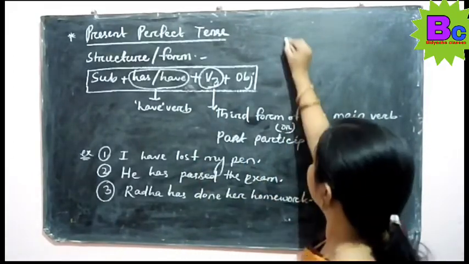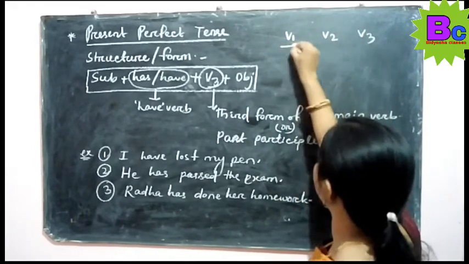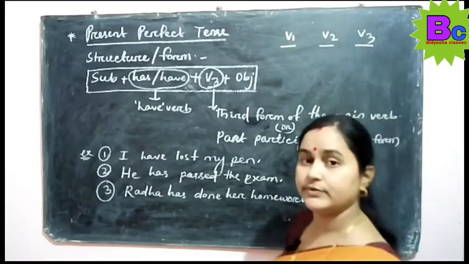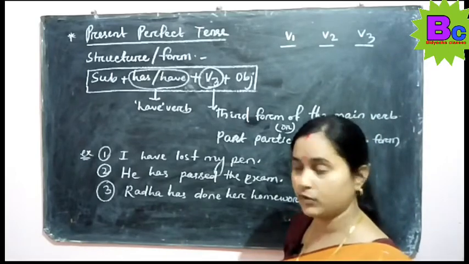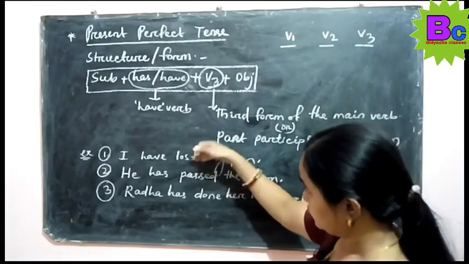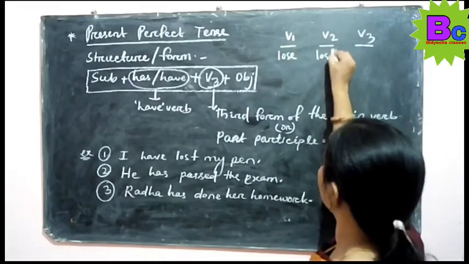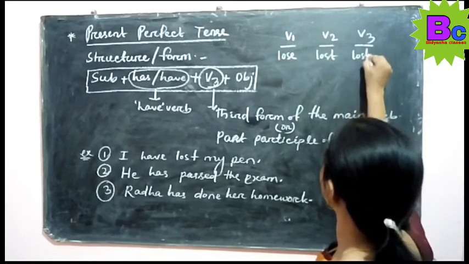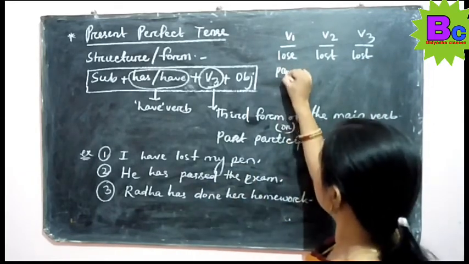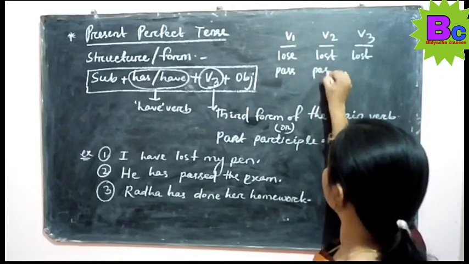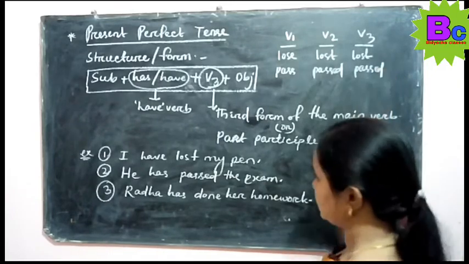So look at here, V1, V2 and V3 form of the verb. We can say present, past, past participle form of the verb. If I take lost, that is lose, lost and lost. If I take the verb pass, that is pass, passed and passed.